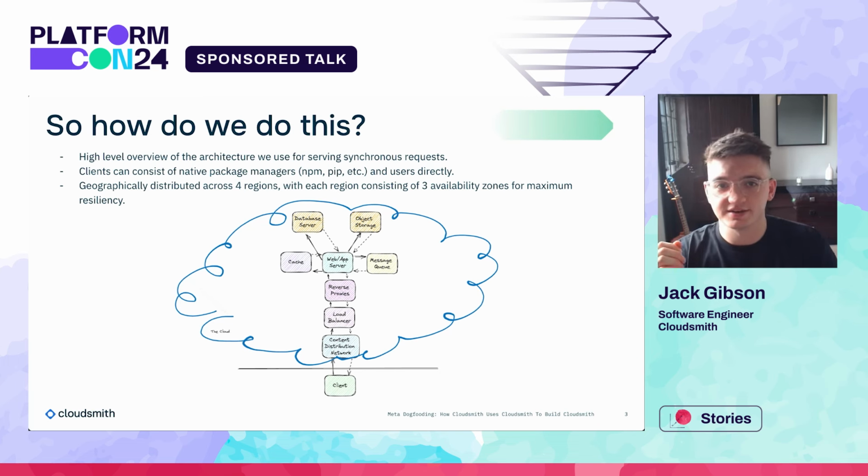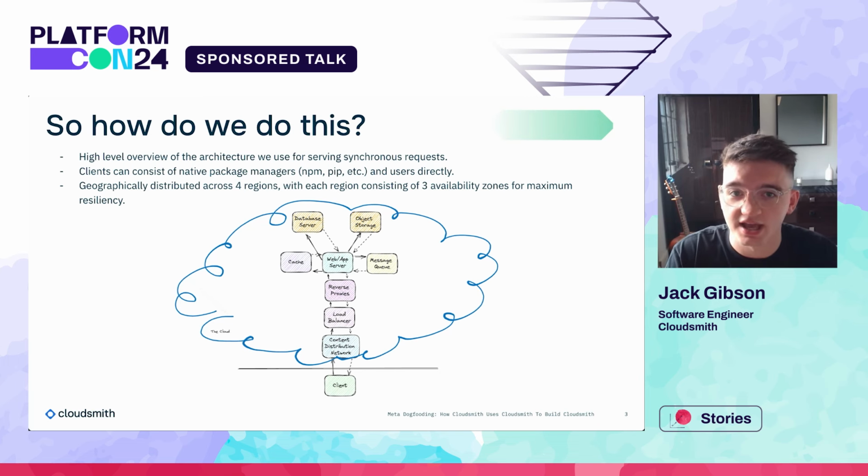Here, the request interacts with our caching layer. Our caching is predominantly Memcache, and the database is Postgres on RDS. And for object storage, we use S3.